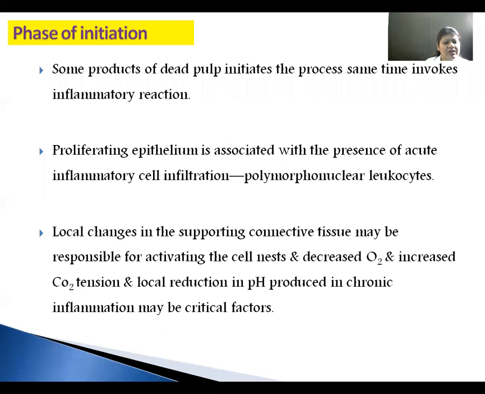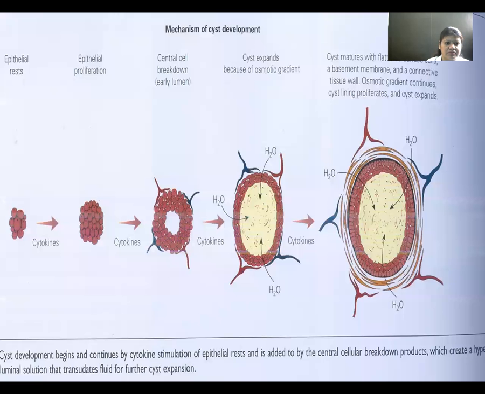So in the phase of initiation, the proliferation of epithelium is associated with active inflammatory cell infiltrate and polymorphonuclear leukocytes. Local changes in the supporting connective tissue may be responsible for activating the cell nest, decreasing the O2 and increasing the CO2 tension, and local reduction in pH produced in chronic inflammation may be critical factors.